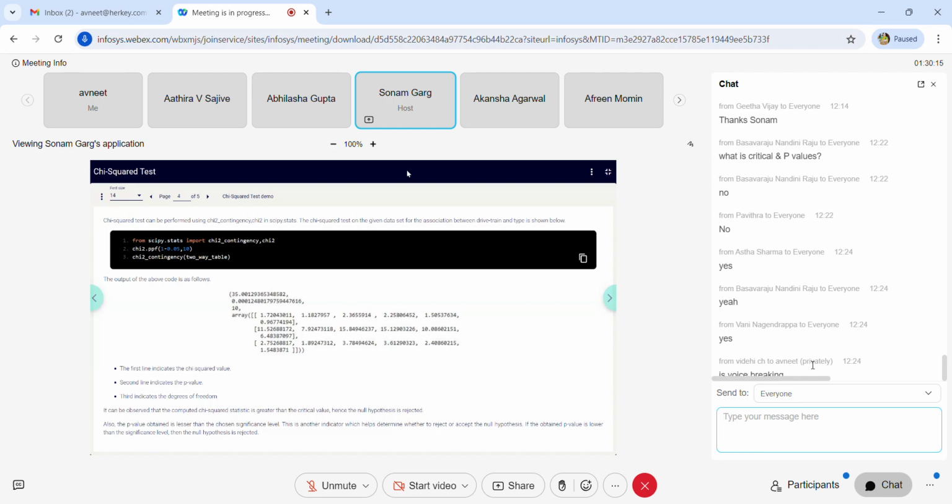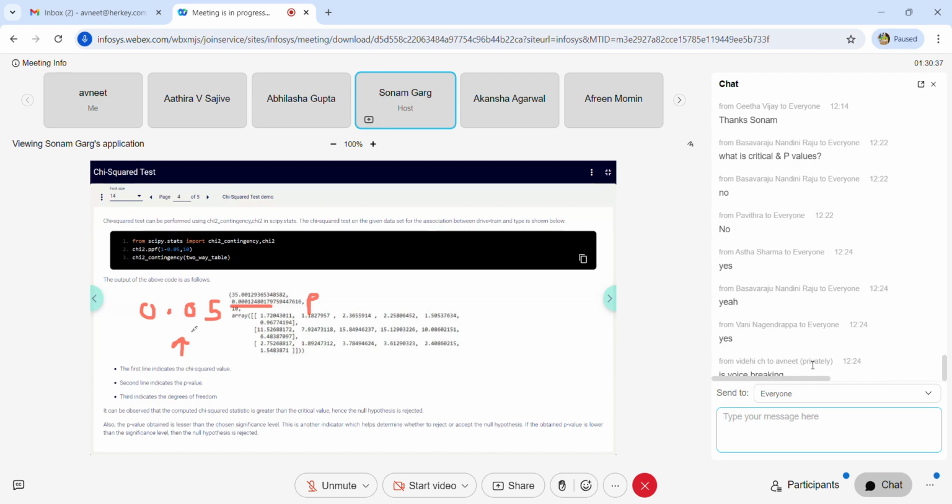If I have chosen a significance level of 0.05, compare it with this and tell me whether it is less or more. It is less. The p-value which is coming from here is lesser than the chosen significance level. What does it tell you?